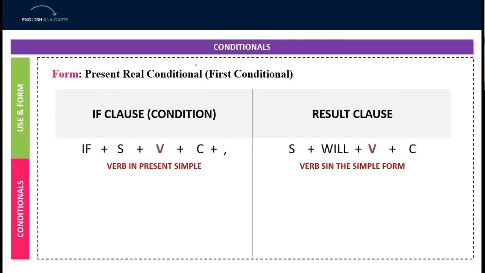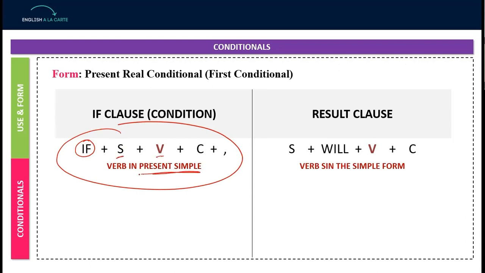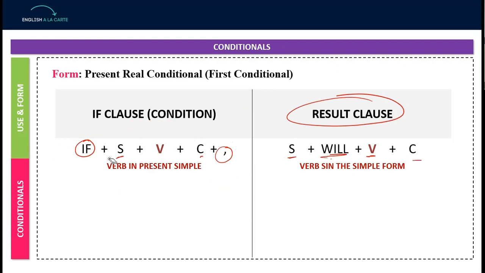This is the structure. We have if plus the subject plus the verb in present simple plus the complement plus a comma. Then subject, will, the verb in the simple form, and the complement. Juan, are you going to my party?